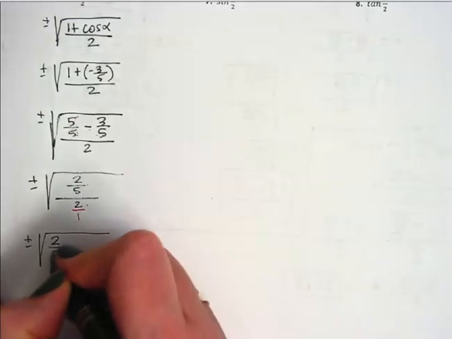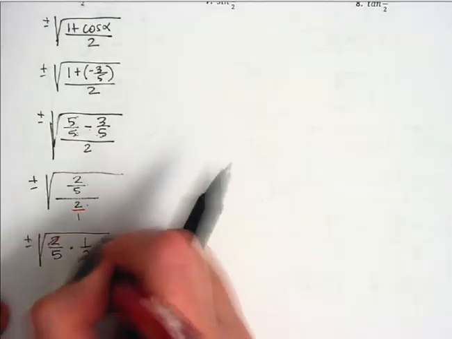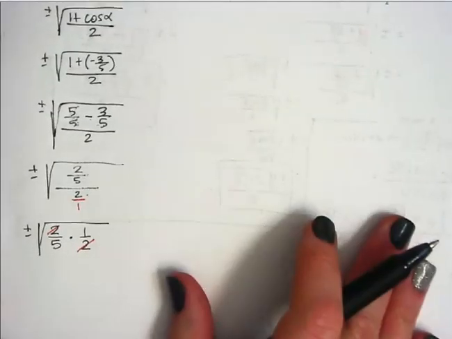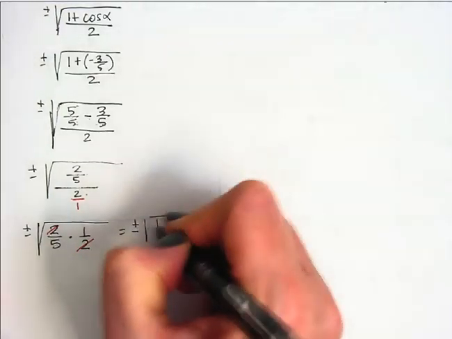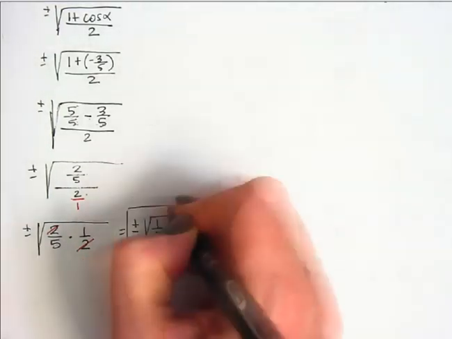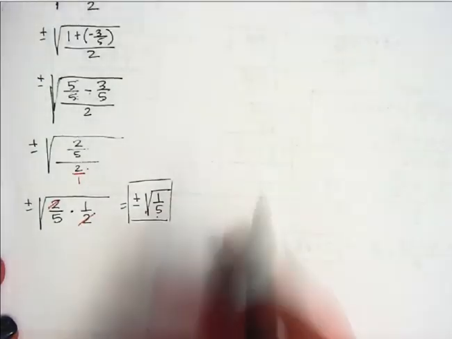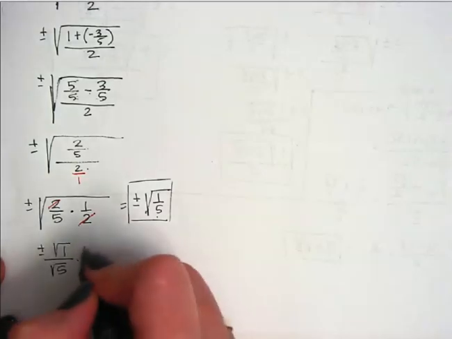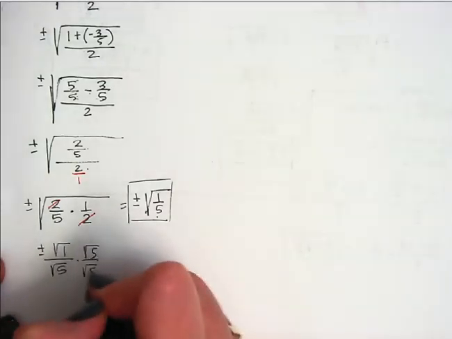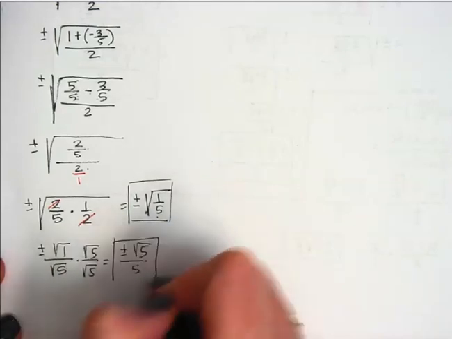Keep the numerator the same, change to multiply, flip the denominator. Now these 2's cancel, multiply across the numerators and denominators, and it's plus or minus 1/5. We are accepting this answer in this unit, but also if you were to rationalize the denominator, you'd have plus or minus rad 5 over 5.